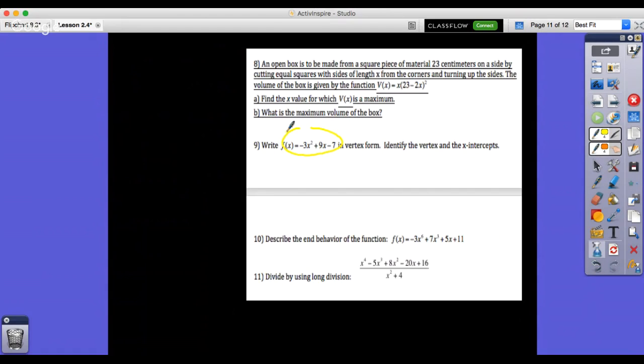But to find the x-intercepts on this one, you can do two things. First of all, you can't factor. If you could factor and set it equal, I would do that. But you can't. So when you can't factor, what are two things you can do to find the x-intercepts? Plug it into the calculator. Perfect. You can graph it.